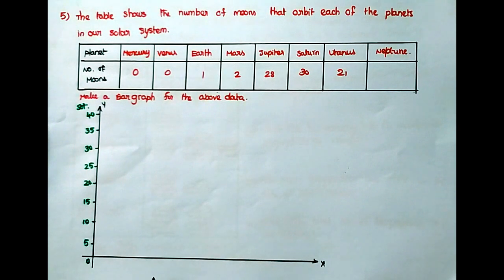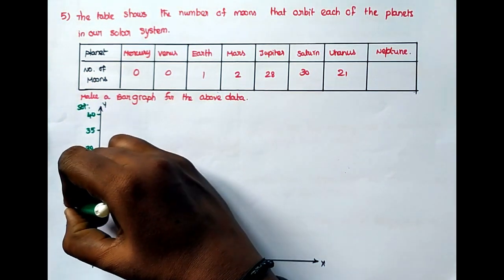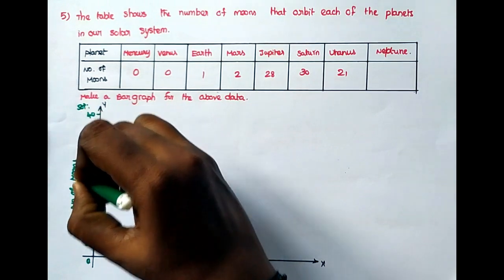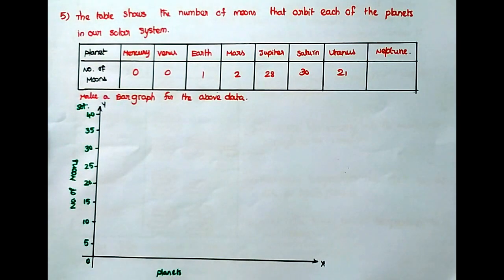Here the planets and here the number of moons. First one, Mercury, no moon is there, and also Venus. Next one, Earth.